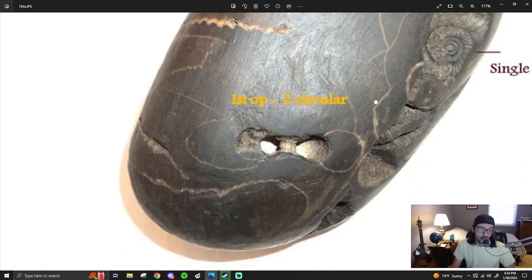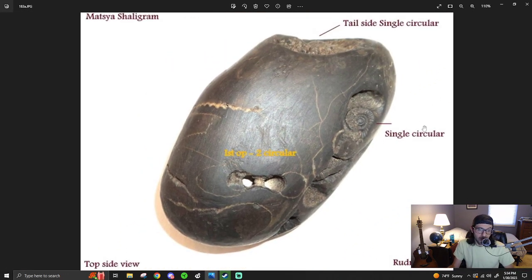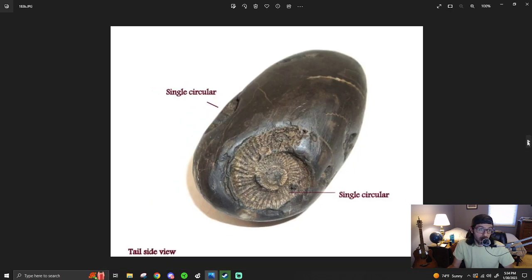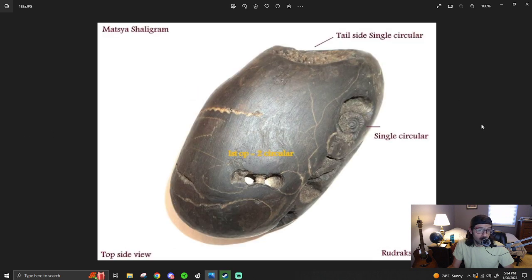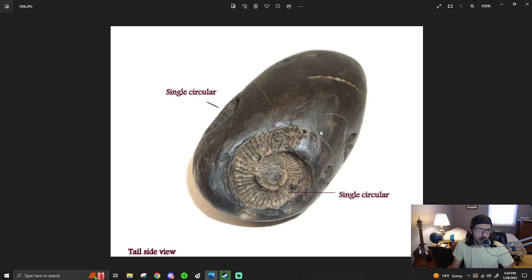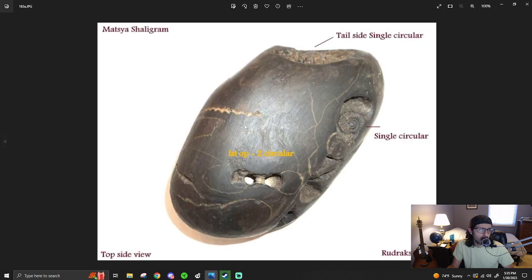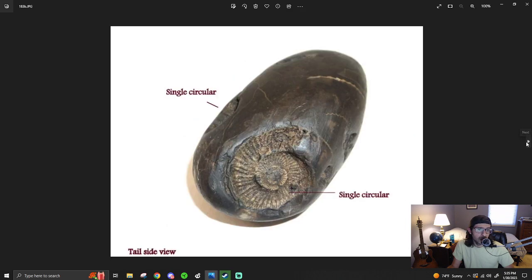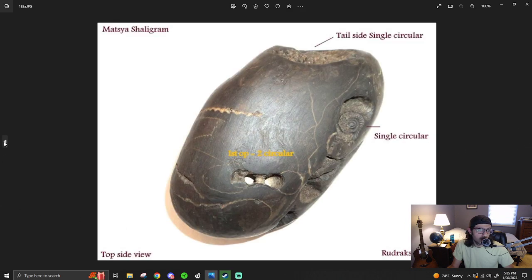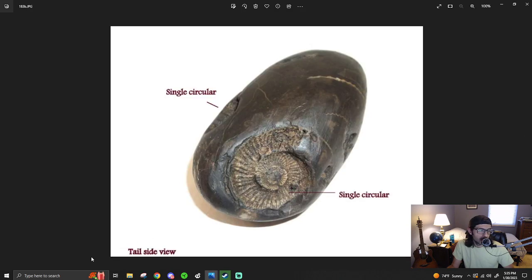Almost assuredly they're able to be mapped that way, where yes, they were energetically coupled in their formation. Over here, that looks to be the location that this is moving towards. We see that. Tail side view, single circular. So it moves that way.